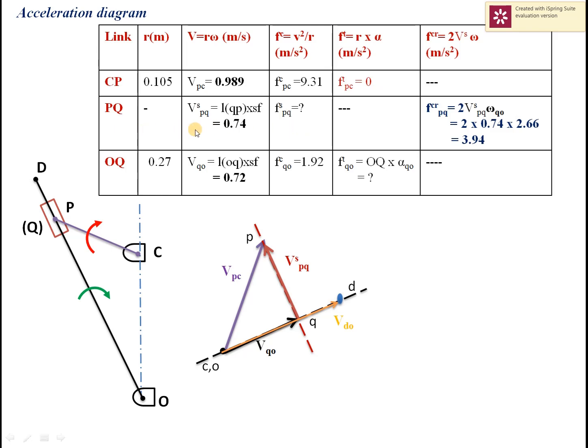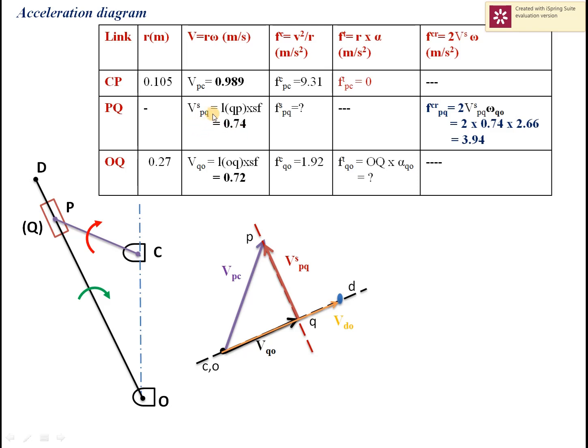For PQ, where P slides relative to Q, we have determined VSPQ, the sliding velocity of slider P relative to Q. Since this is a slider, it will not have radial acceleration as well as tangential acceleration. Instead, it will have only sliding acceleration FSPQ, which is unknown.